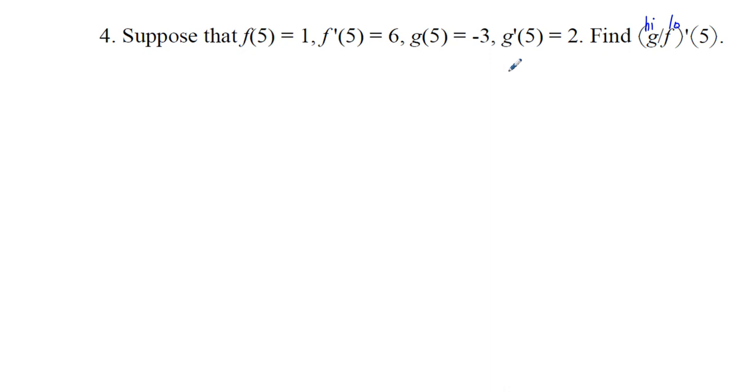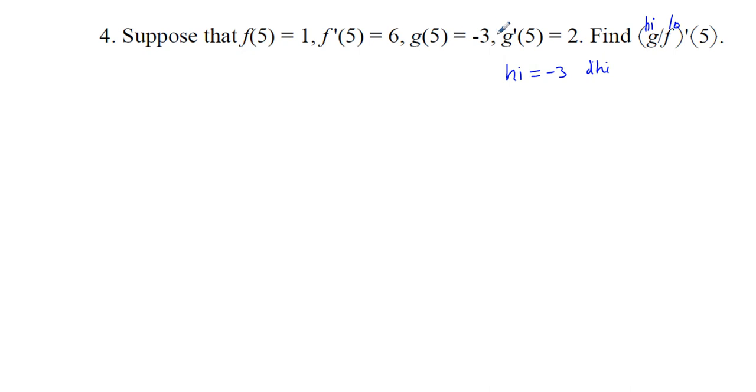So our high is going to be g of 5, and g of 5 is going to be equal to negative 3, and d high, our derivative of the high, is going to be g prime of 5.